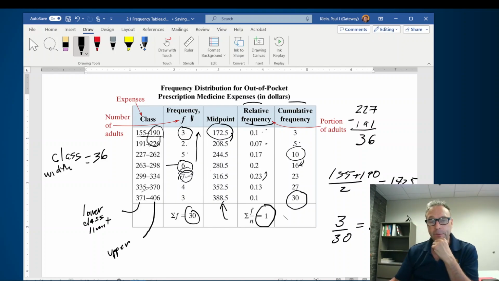So this chart, I hope I made that clear going through each of the definitions: you have your class, lower class limits, upper class limits, frequencies, midpoints, and relative and cumulative frequencies.